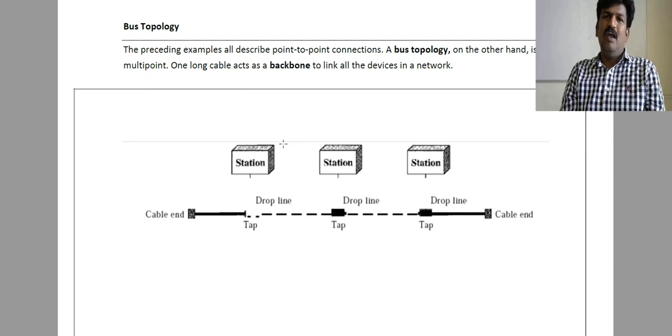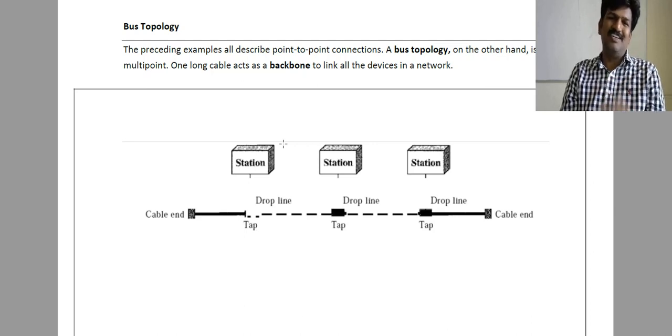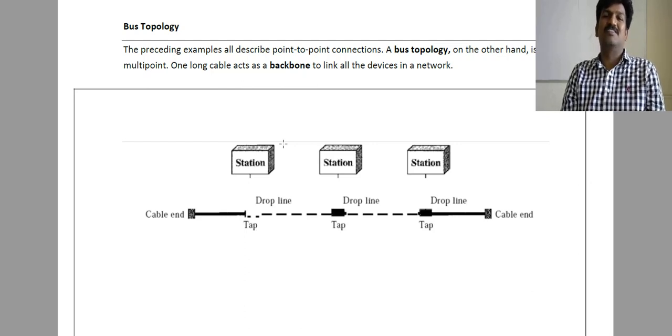In bus topology, one logical cable acts as a backbone to link all the devices in the network. There is no dedicated link between this backbone and the station. There is no direct link between station and station. There is no central hub in this bus topology.